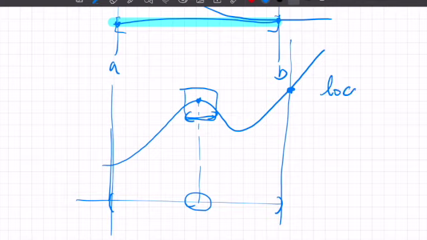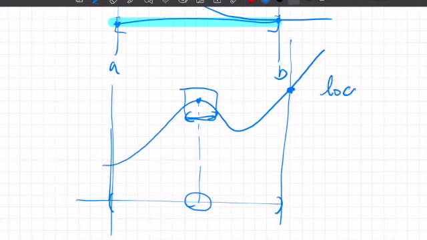So if we plot, we don't care about any other region. If we take a small enough delta, so this is a, this point is a plus delta and this point is a minus delta, so this width is delta.